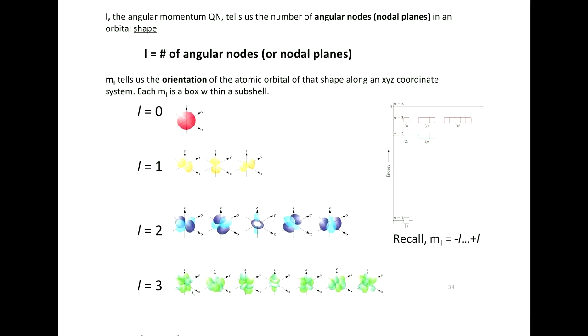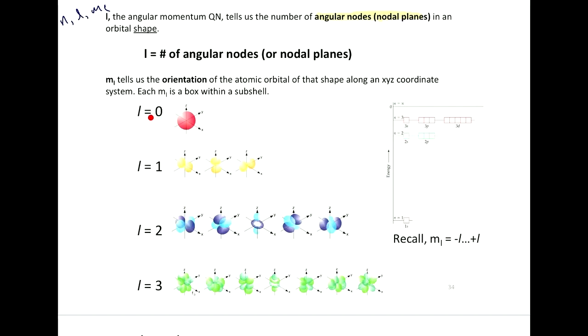All right, so our different quantum numbers, we have n, L, M sub L, right? That L quantum number tells us the shape of our orbital, and I mentioned this before. That L value tells us the number of angular nodes, sometimes called nodal planes, in that orbital shape.